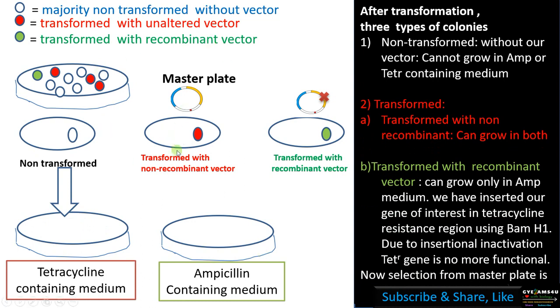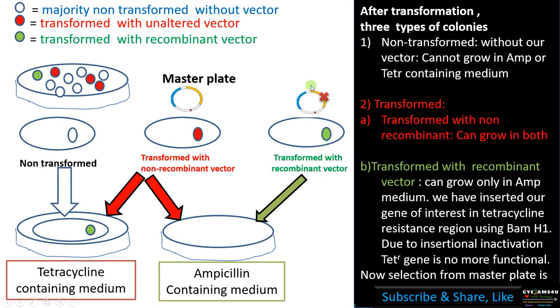Then the first one, transformed with non-recombinant vector, can grow in both tetracycline containing medium and ampicillin containing medium as it has genes for resistance. Here our gene of interest is not inserted, so both genes are functional, so transformed with non-recombinant vector can grow in both tetracycline containing medium and ampicillin containing medium.